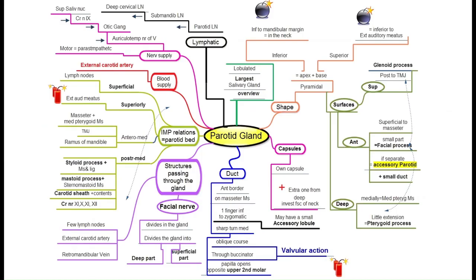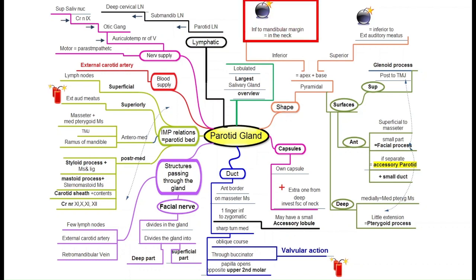After collecting that data about the parotid gland, we need to stop, organize, and coordinate and integrate the basics of the parotid gland, and you simply follow the colored lines, and everything is in front of you.